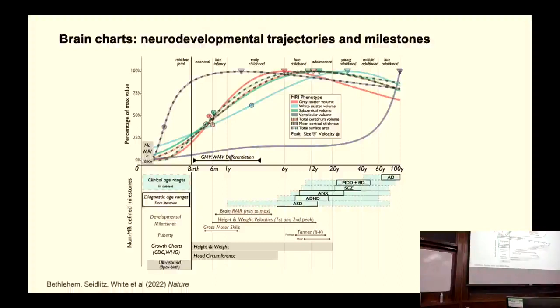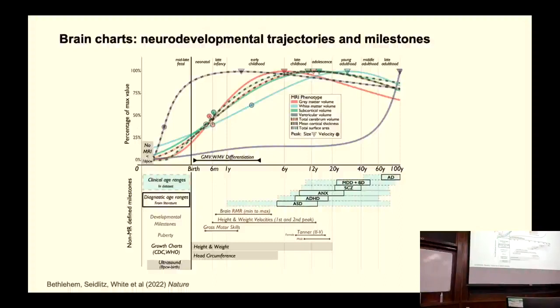This is a log scale for age, and these are the trajectories of development in terms of fairly simple brain imaging phenotypes: grey matter volume, white matter volume, subcortical volume, and so on. And the key point really is that the period between mid-pregnancy and early childhood is an absolutely critical period for brain development.